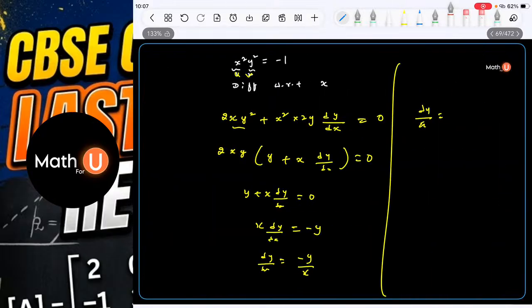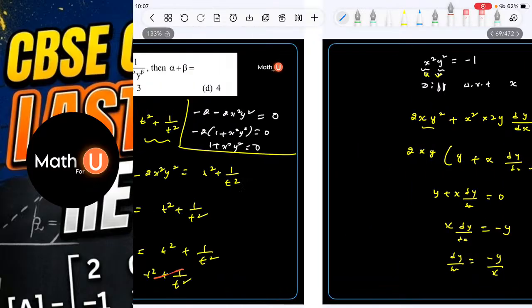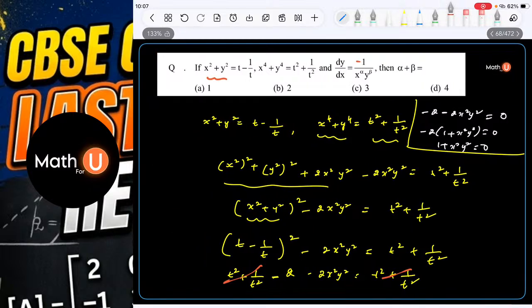We get minus 1 by, y can be taken in the denominator, we get x power of 1, y power of minus 1, alpha is 1, beta is minus 1. Then alpha plus beta.